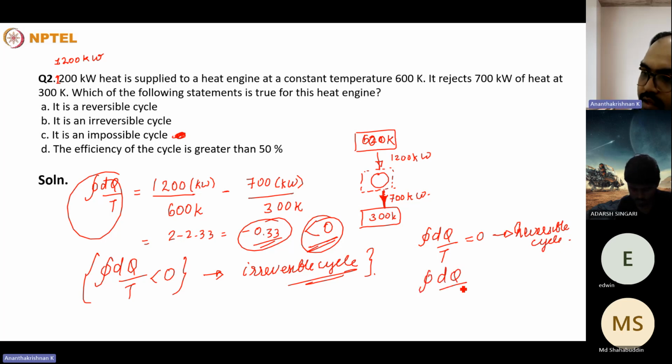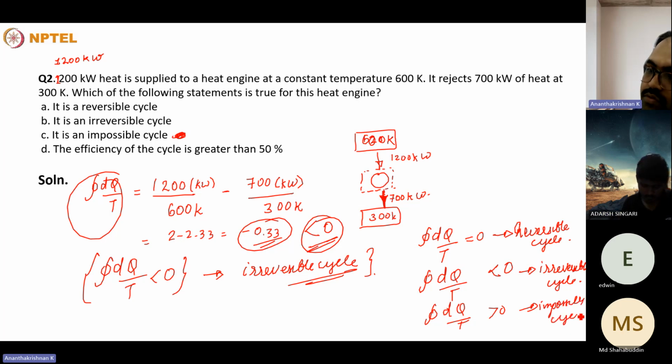Cyclic integral of dQ by T less than 0 means that the process is an irreversible cycle. Cyclic integral of dQ by T greater than 0 means an impossible cycle. So here it's an irreversible cycle, so option B is right.